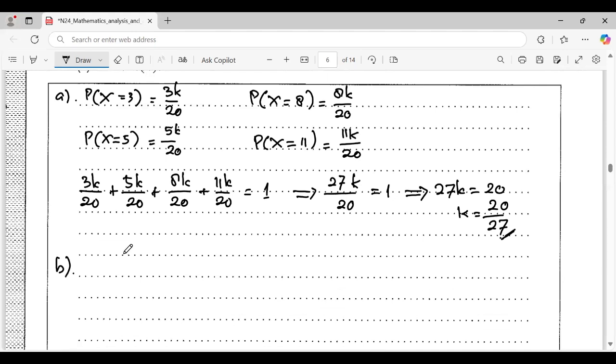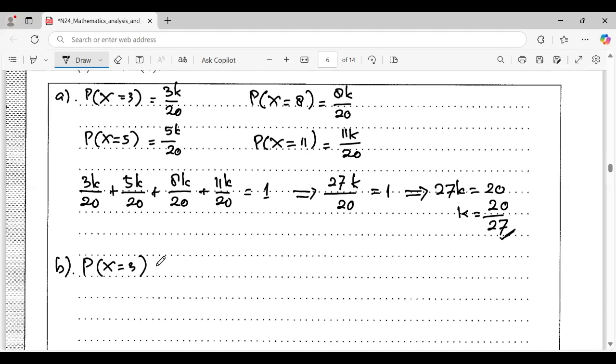To find the expectation of x, the expected value of discrete random variable x, we can use the formula, but wait, we are going to find the probabilities first, right? The probabilities, first x equal 3.